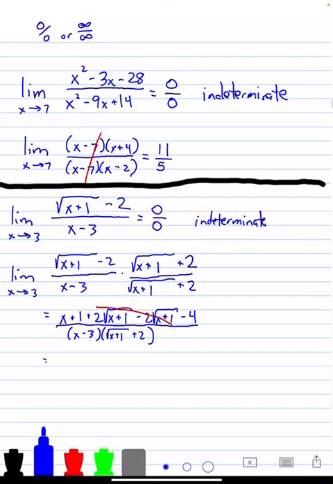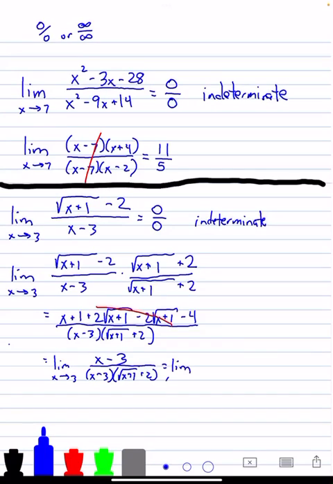So we will end up having x plus 1 minus 4, which gives us x minus 3, over x minus 3 times the square root of x plus 1 plus 2. And we can slowly see this problem working itself out and breaking itself down.